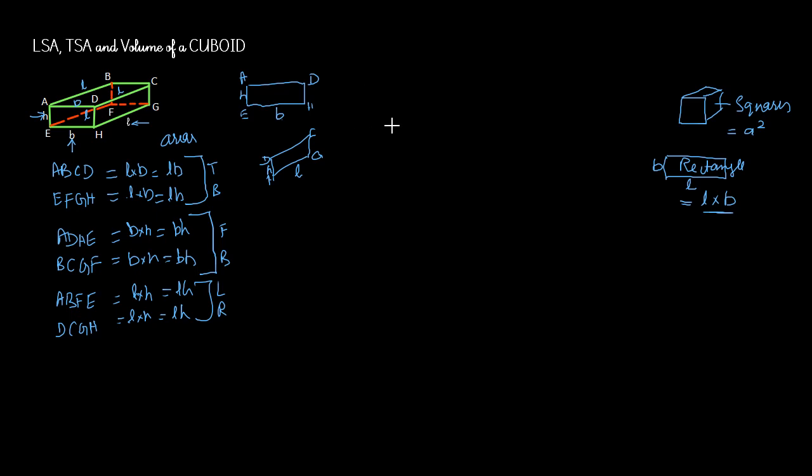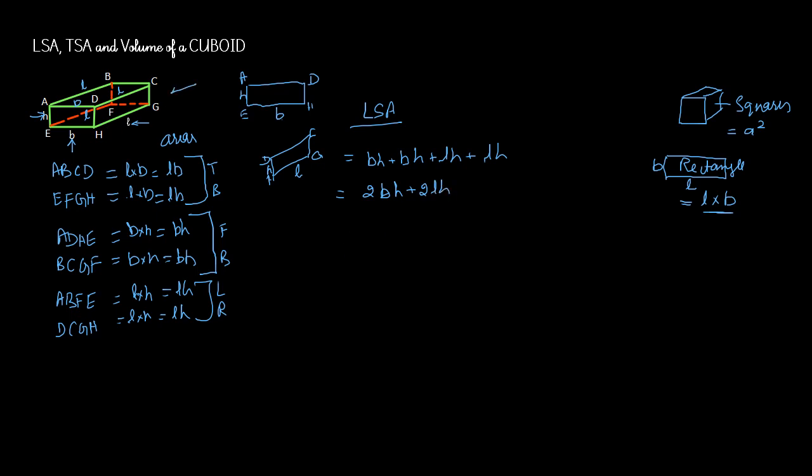Now the same method we used for the cube: LSA, lateral surface area. It's only the sides; it does not include top and bottom. So all I need to do is add these. What happens if I add BH plus BH plus LH plus LH? I'm going to get 2BH and 2LH.